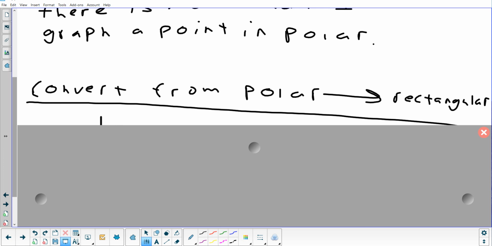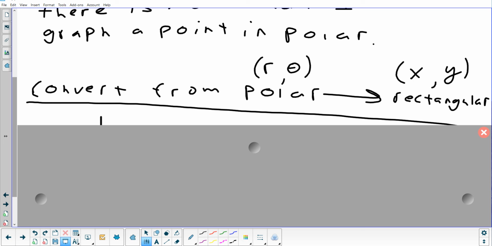All right, so converting from polar to rectangular. When you have a point in polar, what are the two things that they give you? The radius and the angle. And when you have a point on a rectangular coordinate system, they want you to have an x and a y.